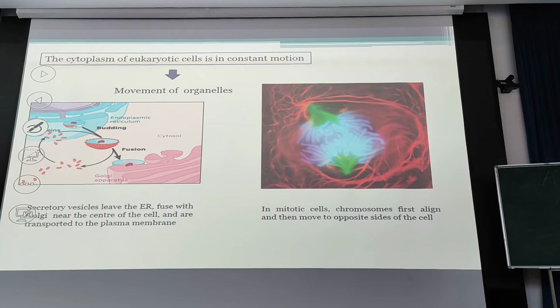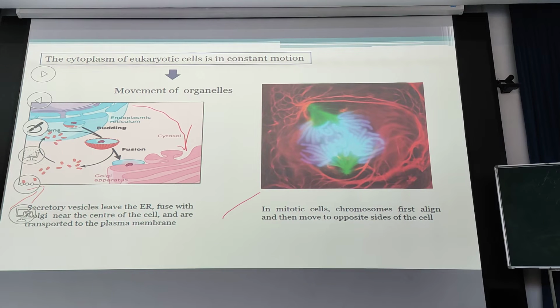Inside the cell, there are so many activities happening, such as vesicles forming and transferring from the ER to the Golgi, but to transfer in the right way, in the correct direction, needs the help of cytoskeletons.